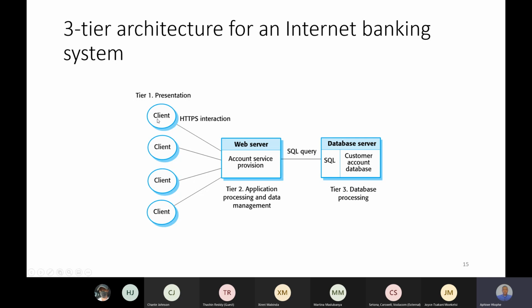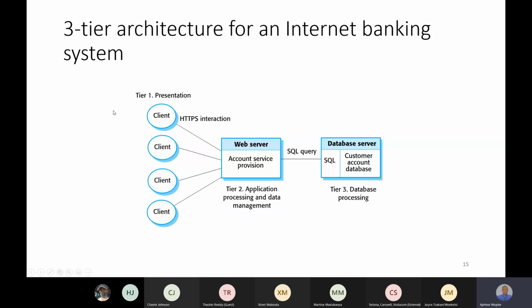And you on the client, which is a web browser, you're browsing the internet banking system, and obviously it's using the HTTPS protocol because it's web technology. So you access it, and then you would be making requests to scripts that are hosted on a central or remote machine called a web server.